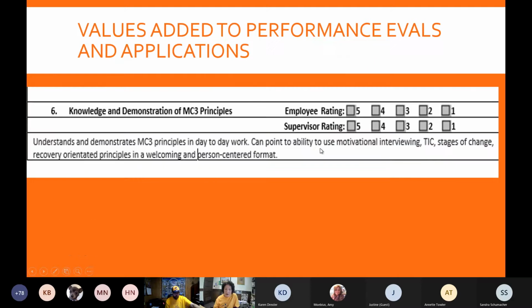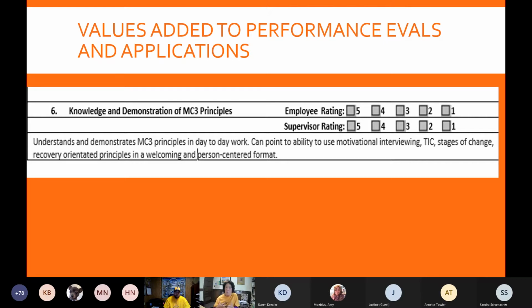So we try and coincide some of our changes with the larger MC3 change agent meetings. In terms of agency changes that we have made, part of our performance evaluations include the supervisor evaluating the employee's knowledge and demonstration of MC3 principles. So we try and keep on working.